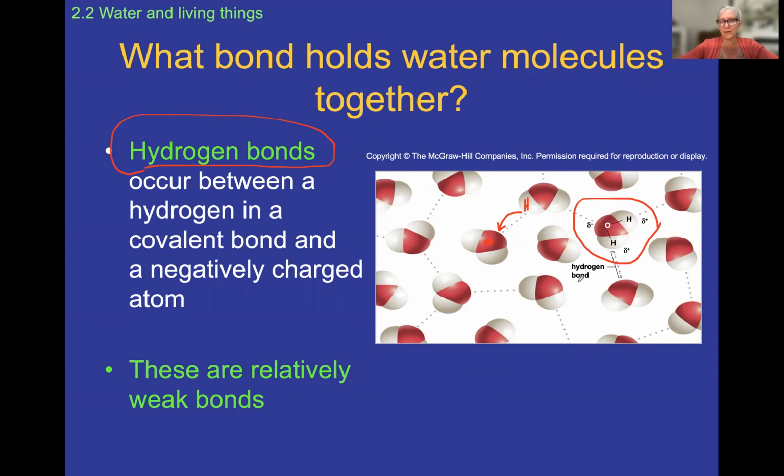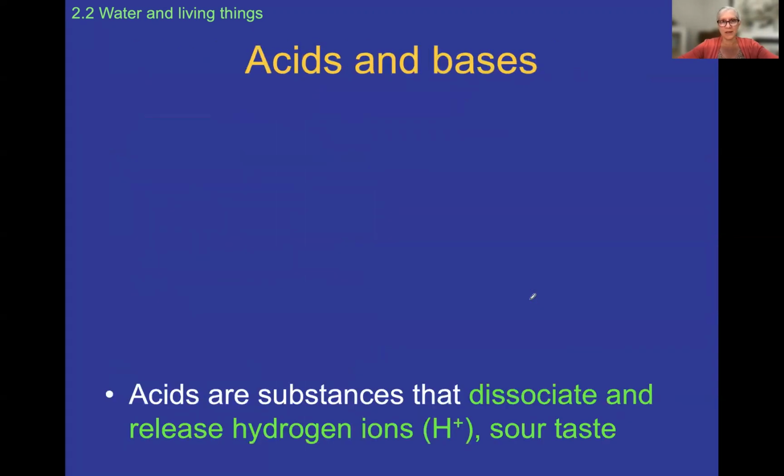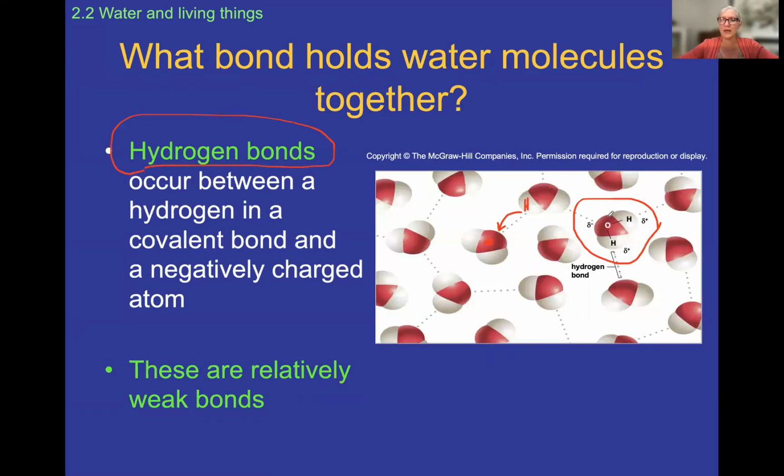So you're going to see what is called a partial negative. I think I have another, no, I don't have another picture. And so the oxygen is partially negative and the hydrogens are partially positive. Without getting into the theory of why that happens, know that because of this lopsided electricity, you're going to have water molecules have hydrogen bonding.